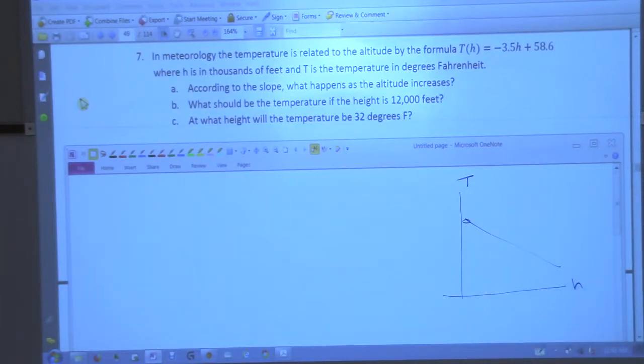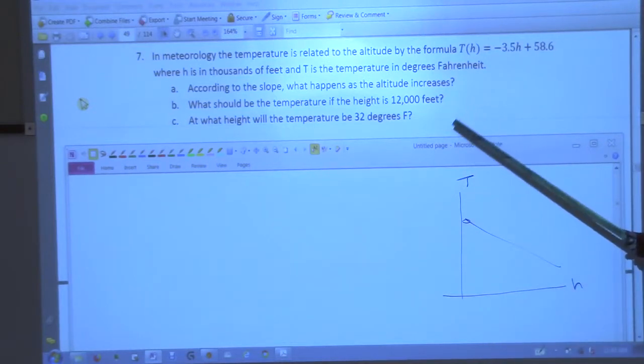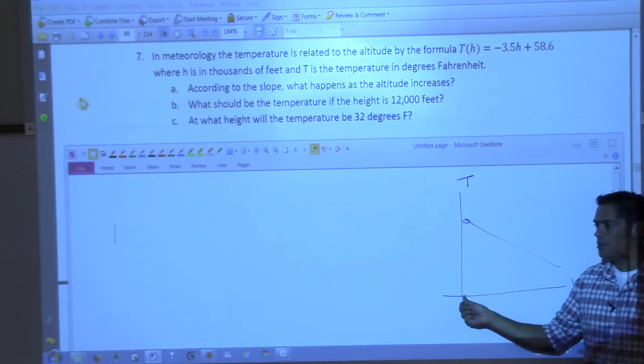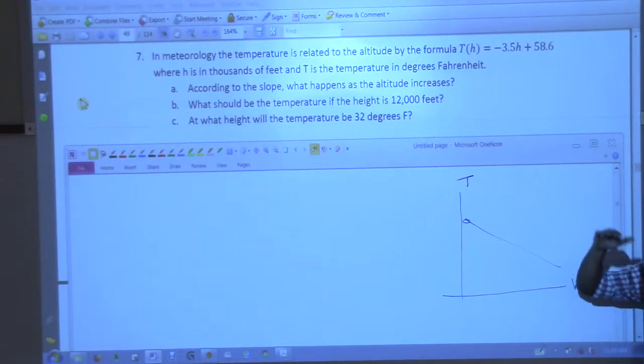So now, if you look at part A, it says what happens as your altitude increases. Your temperature drops. So as your height gets bigger, your temperature goes down, right? And that's the way it works, generally speaking. You start going up a mountain, it's going to get colder.